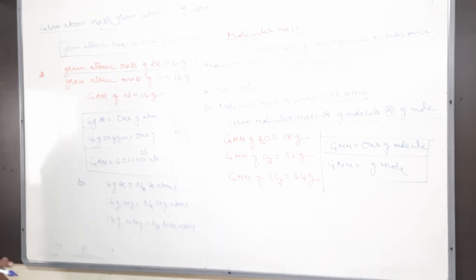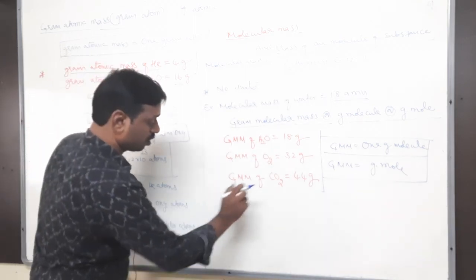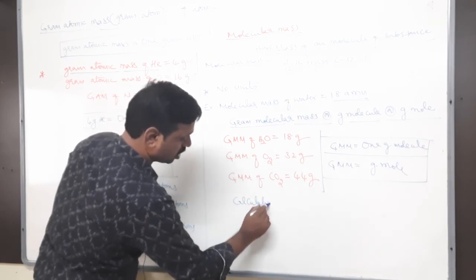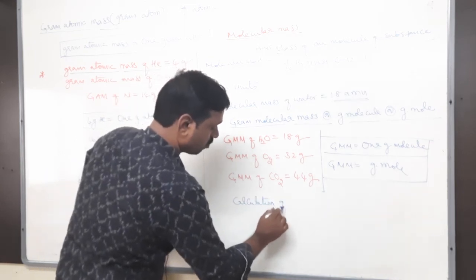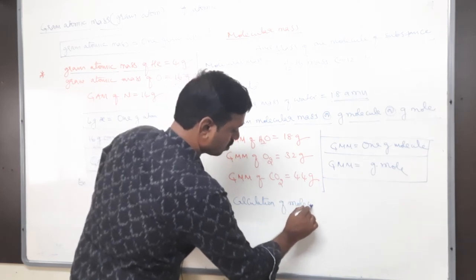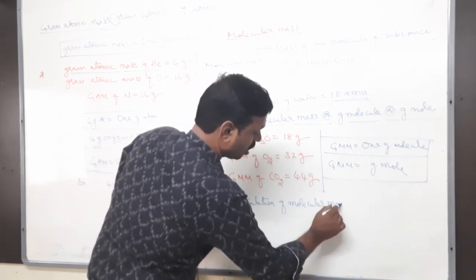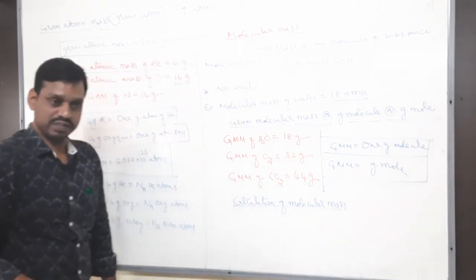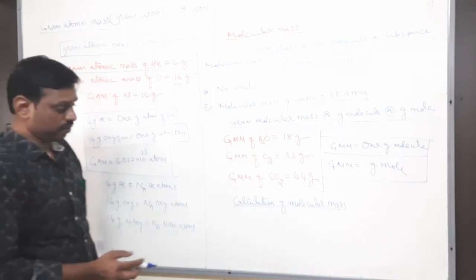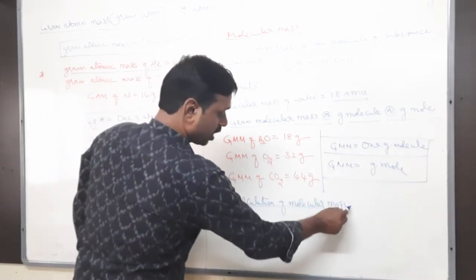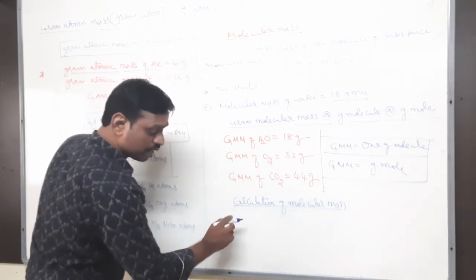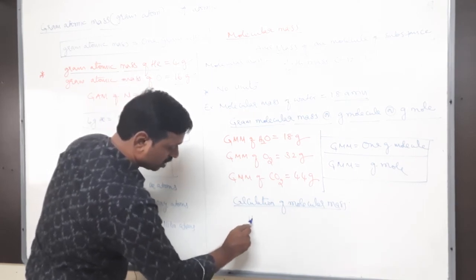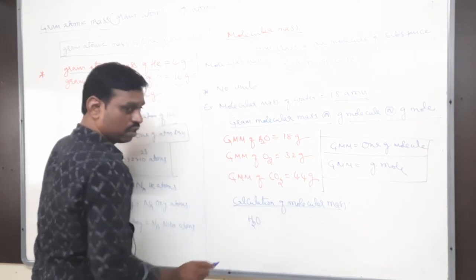Then how do you calculate molecular mass? We studied this in the last class. By adding the atomic masses of the individual atoms. For example, take H2O.